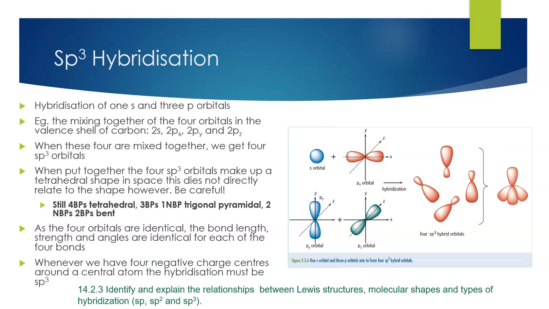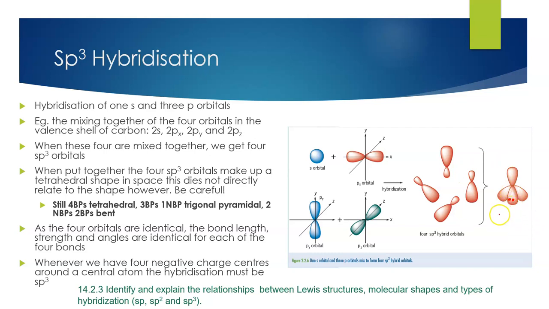Okay, so if we have 4 bonding pairs, it's going to be tetrahedral, 3 bonding pairs and 1 non-bonding pair, trigonal pyramidal, and 2 non-bonding pairs and 2 bonding pairs. Okay, it doesn't necessarily relate to the shape because remember, these orbitals can hold a lone pair.